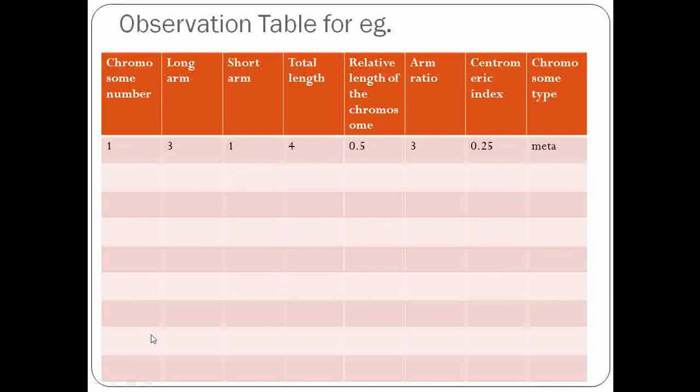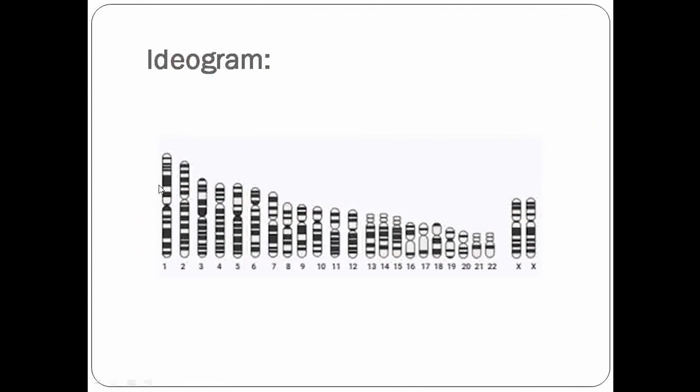And after arranging the observation table in decreasing order, then you have to draw the ideogram like that. For making the ideogram, you can take graph paper, otherwise you can draw it with the help of a computer also. So what you have to do, you have to take x and y axes here.